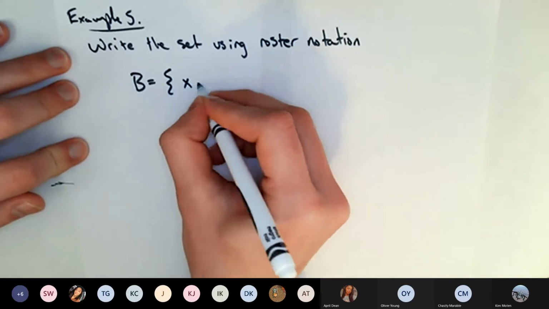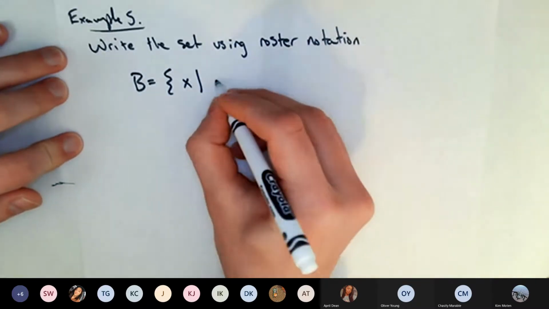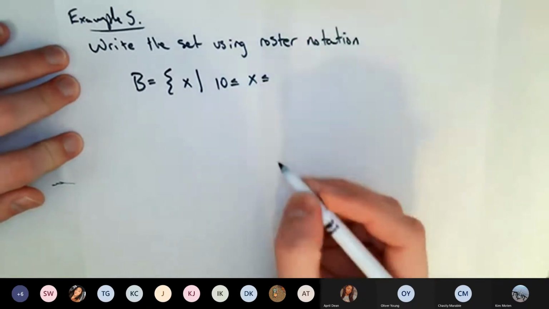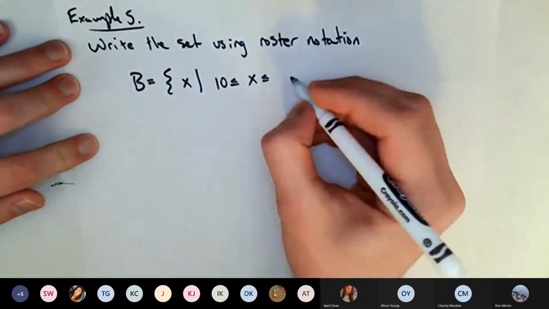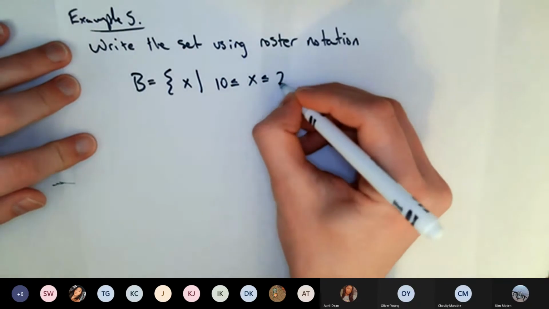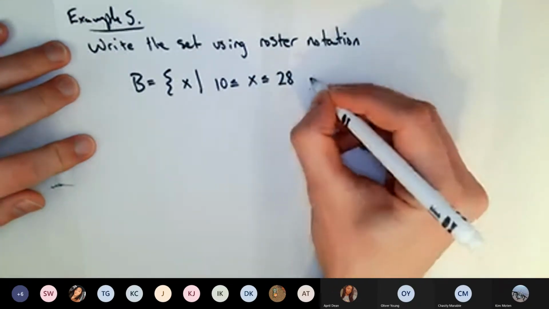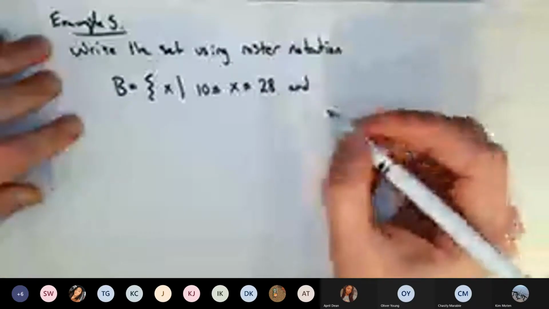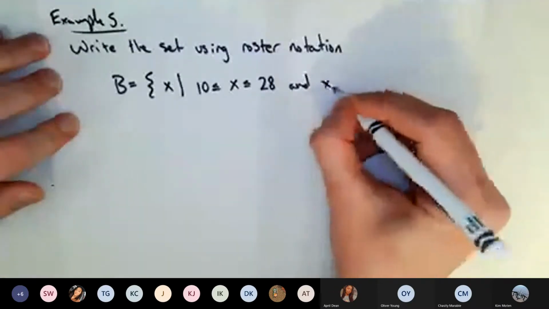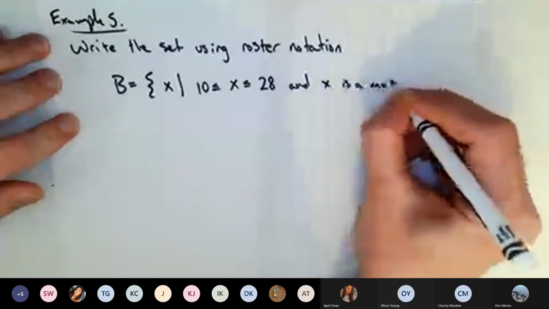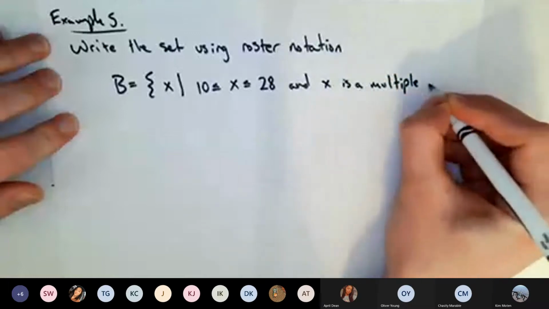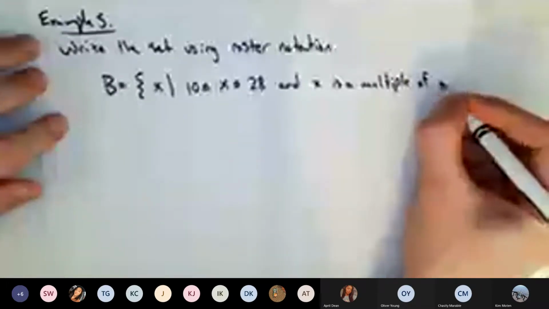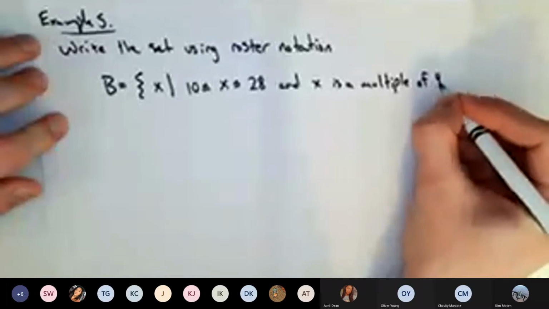B is the set of all elements X such that X is greater than or equal to 10 and X is less than or equal to 28. And so we can just say and. Sometimes you can use a comma, you can put the word and, it doesn't matter. X is a multiple of, let's say, 4.